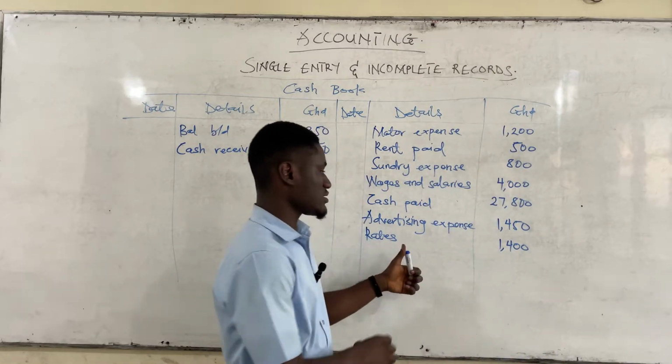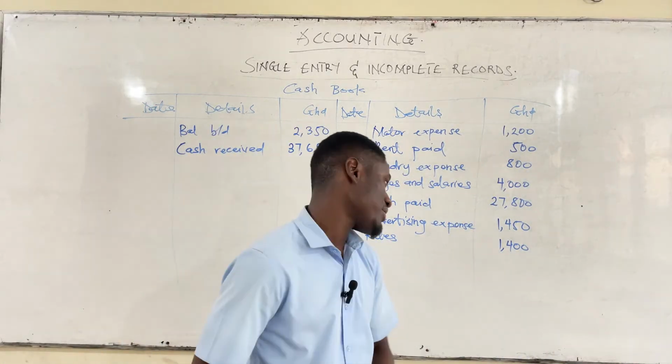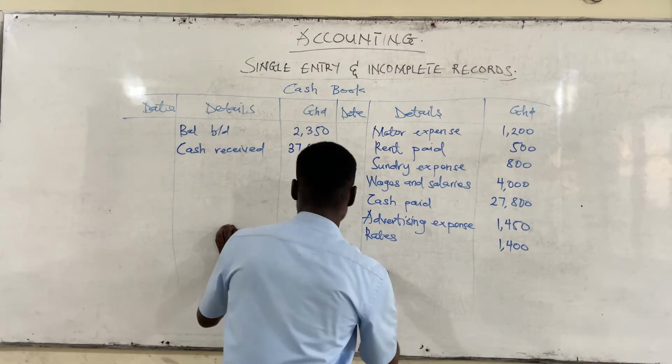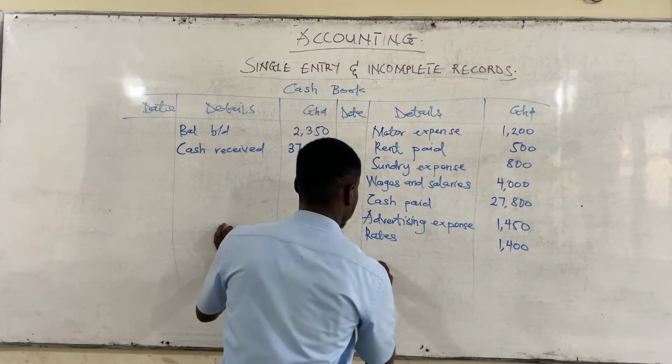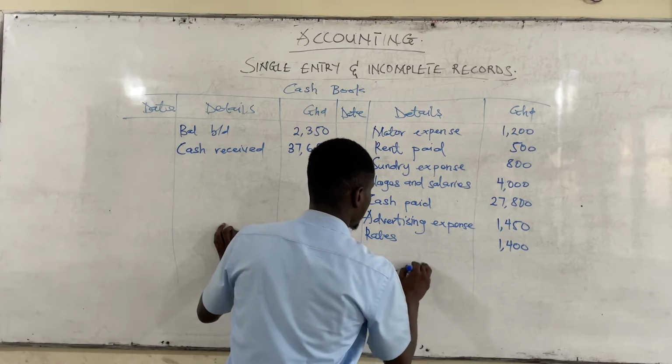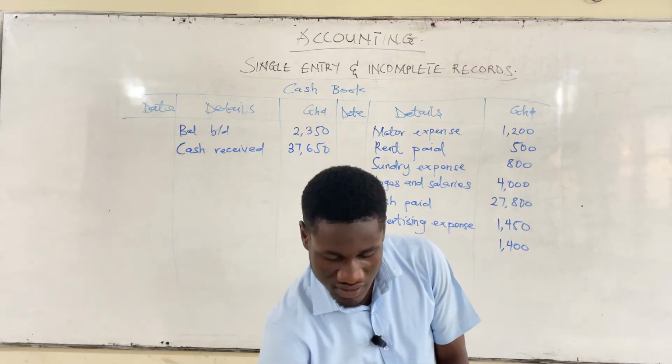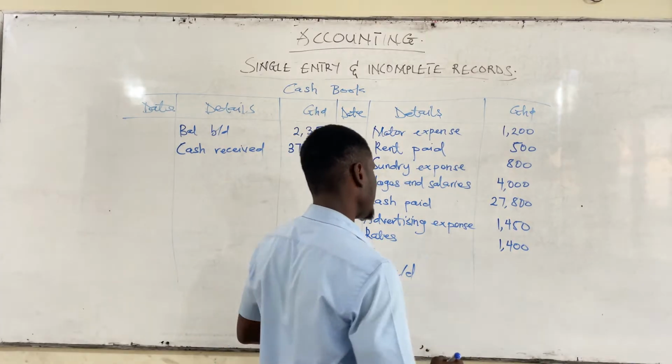Okay, so that's the rates to be 1,400. So we also have our balance CD for cash. So we had a balance CD of 1,650.